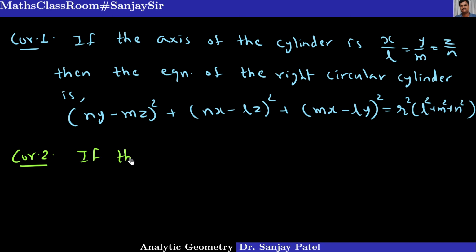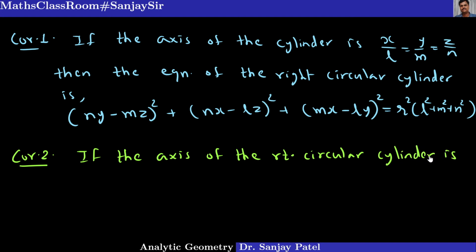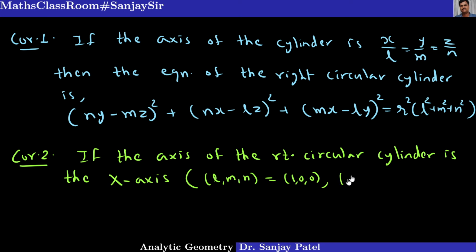If the axis of the right circular cylinder is the x-axis, in this case we have l, m and n, that is the direction of the axis, as 1, 0, 0, and the x-axis is passing through the origin, so the point on the axis you can take as 0, 0, 0 for alpha, beta, gamma.